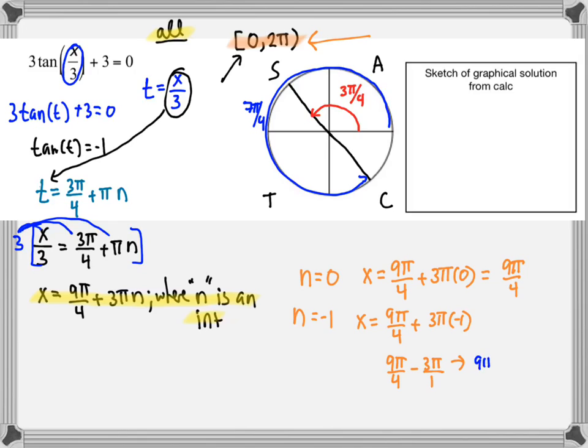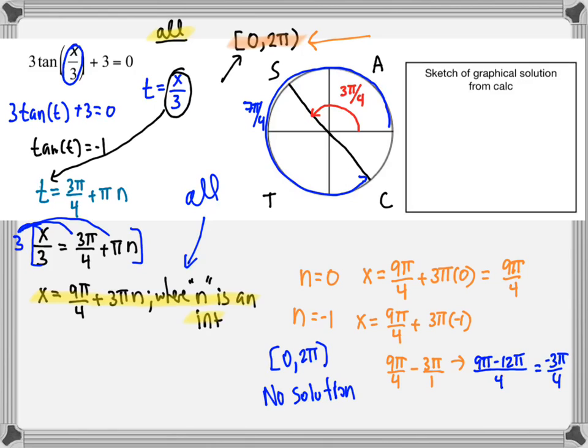So I'm going to get 9 pi minus 12 pi over 4, which gives me -3 pi over 4. That's less than 0, so there is a solution here for all solutions, we're fine. But over this interval, there are no values within that range. So there's going to be no solution over 0 to 2 pi.